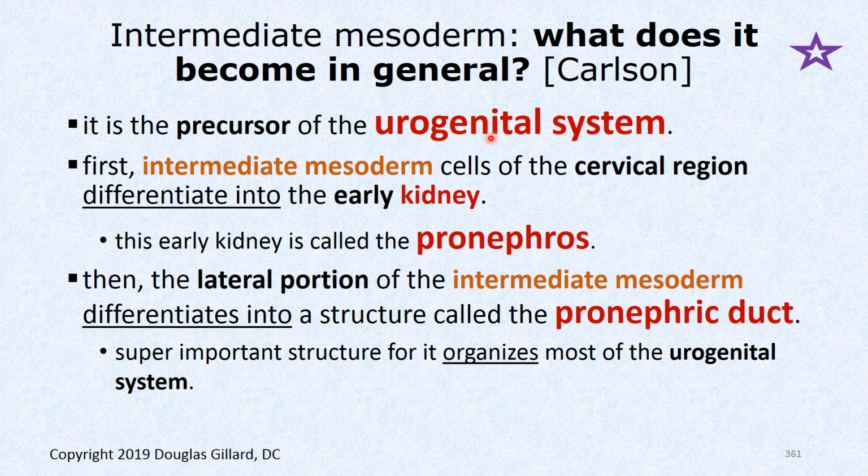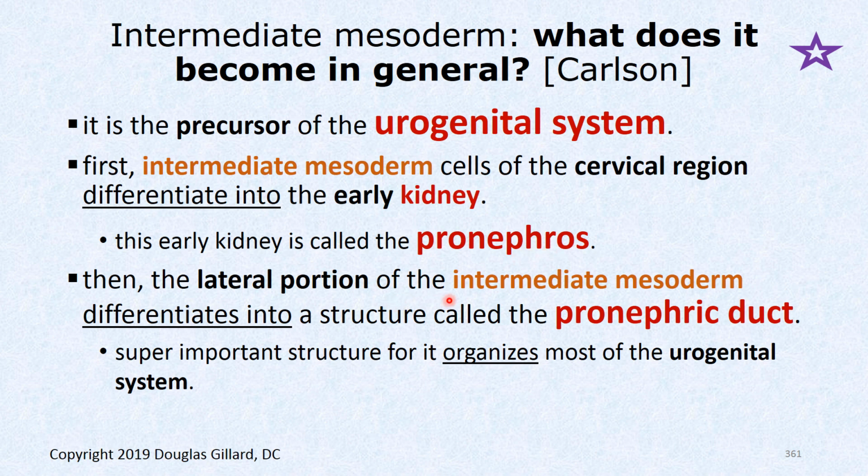Genital is the ovaries in females, the testes in males. So the urogenital system is what forms from this intermediate mesoderm, so it's very important. In fact, a little deeper, the intermediate mesoderm in the cervical region very early differentiates into something called the pronephros, which is the early kidney.